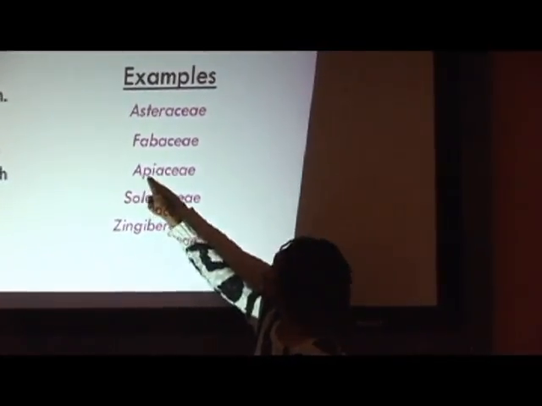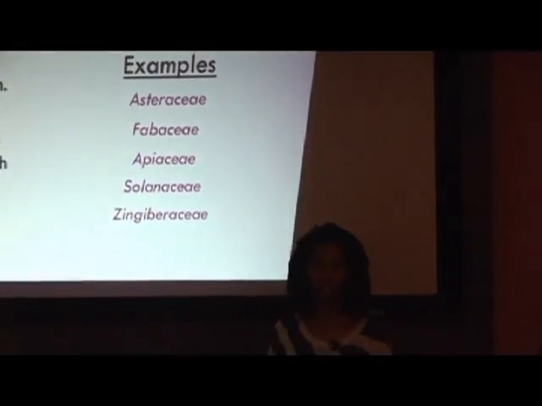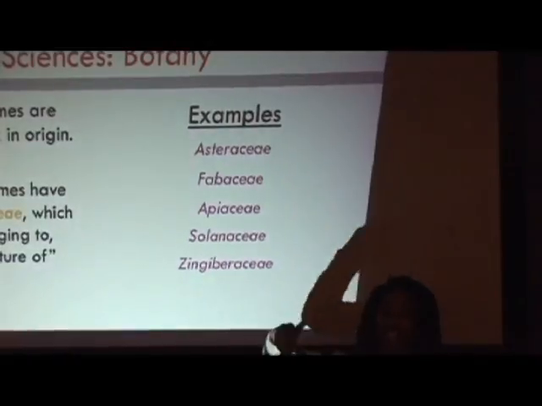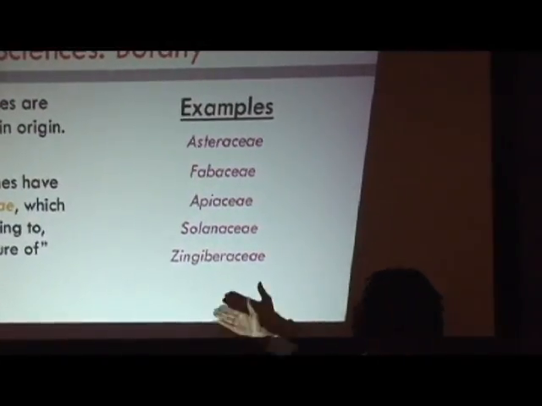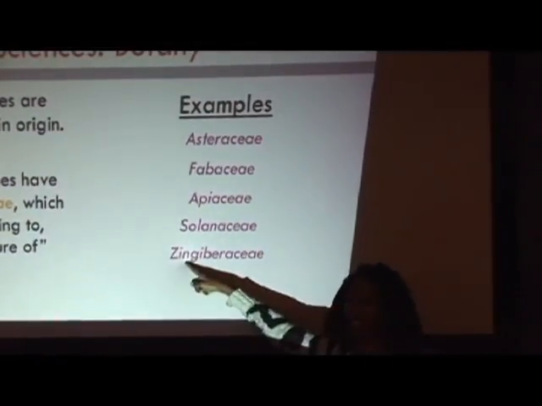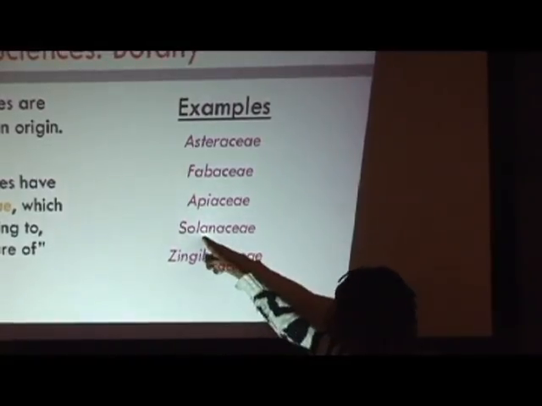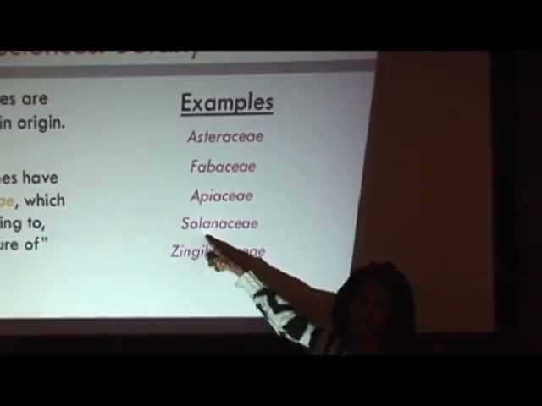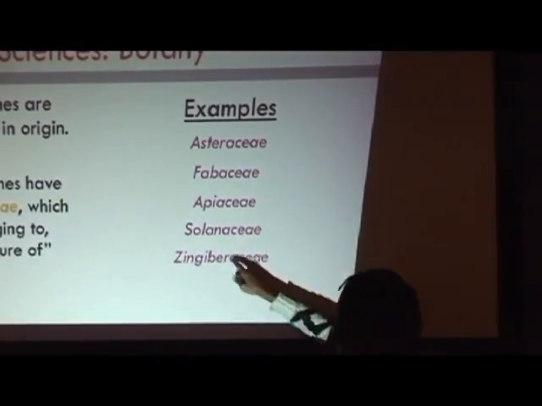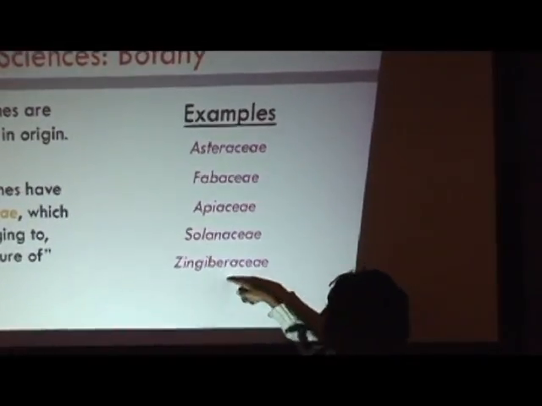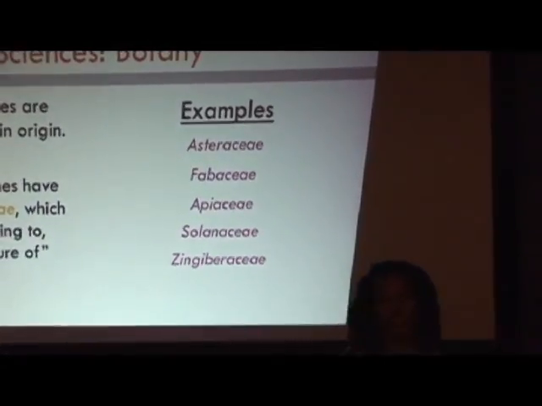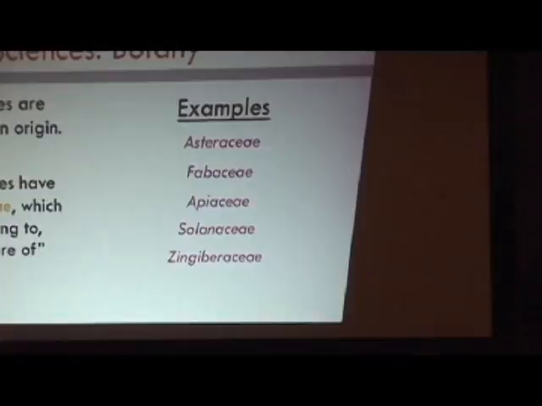Apium, it refers to celery. So this refers to plants that are in the same family as celery. This refers to ginger. This refers to, it's a nightshade. It's a nightshade plant. Again, the ending is the same. The part in front is different to give you information about that particular family.